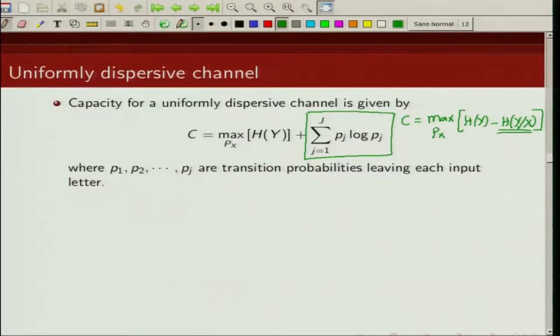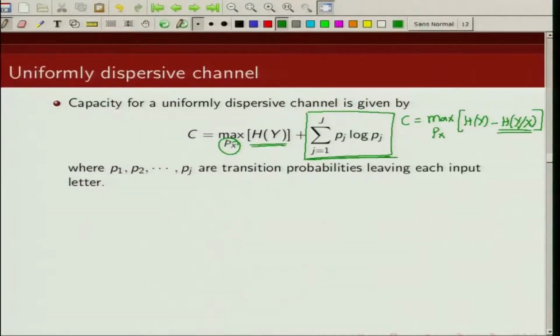So in other words, if you want to find out the capacity of a uniformly dispersive channel, this is given by maximizing h of y over all input distribution p of x plus this quantity. And we know that y is a discrete random variable, and its entropy is maximized when it is uniform. So capacity will be maximized for the input distribution p of x which will induce a uniform distribution on y.